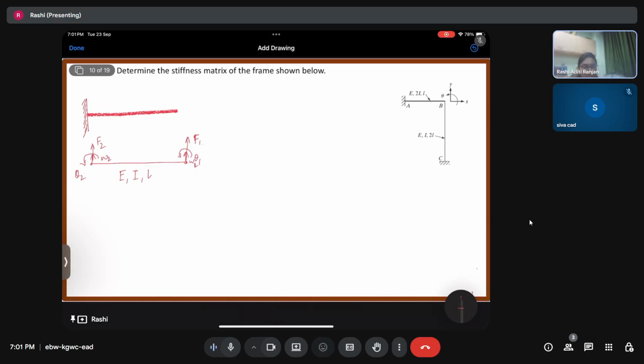Now there are two cases that can happen. First case is when W1 is going to have a value and theta 1 is going to be 0, which means that the beam is getting deflected in such a way that it is straight. It is not having any angle with respect to the point. So it is something like this.